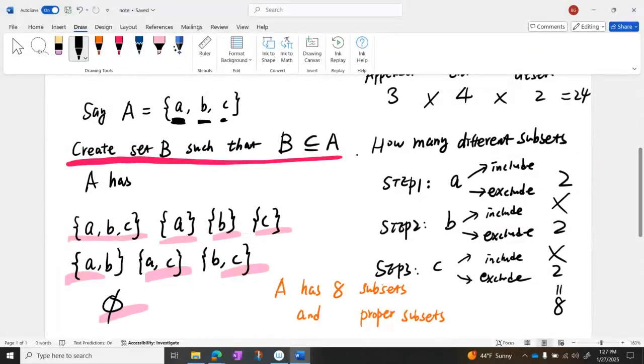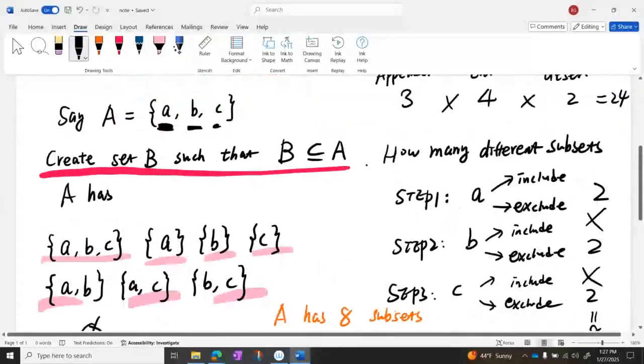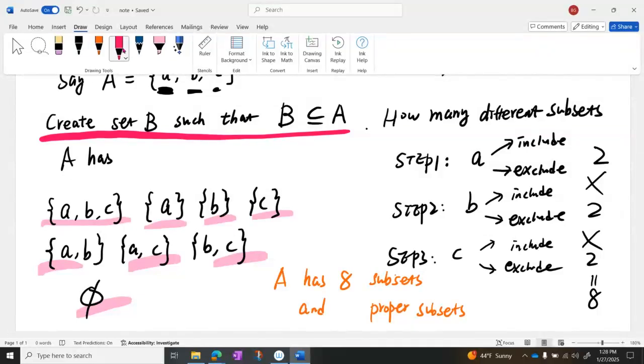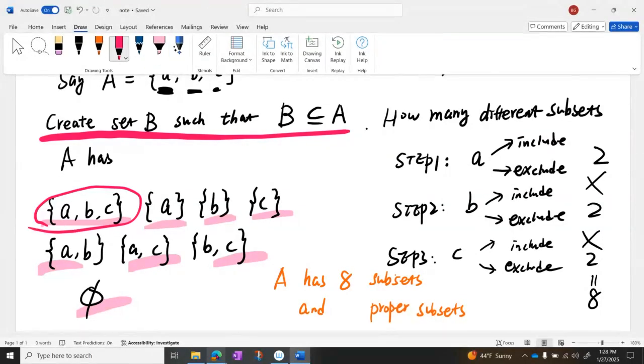How many of them are proper subsets? Is this proper, ABC? This one is not proper, right? But all other seven subsets are proper?